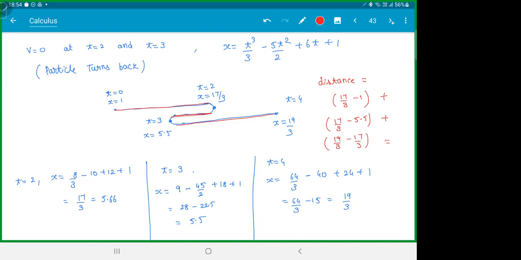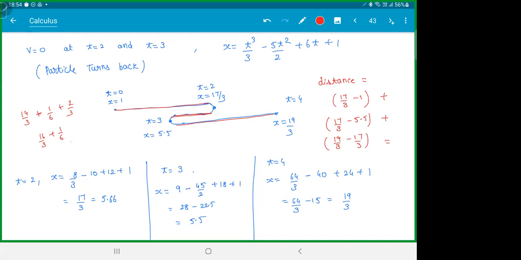Adrit, did you get the same calculations? How much is that? 17 by 3 minus 1, 14 plus 17 minus, how much is that? 5.5, 16.5, 1 by 6 plus 2 by 3, 16 by 3 plus 1 by 6 and multiply by 2, 32 plus 1, 33 by 6.